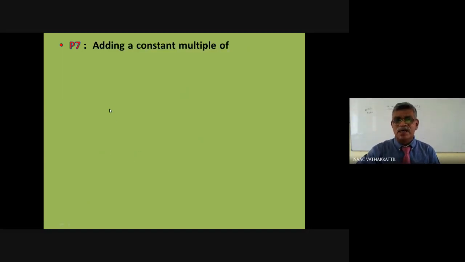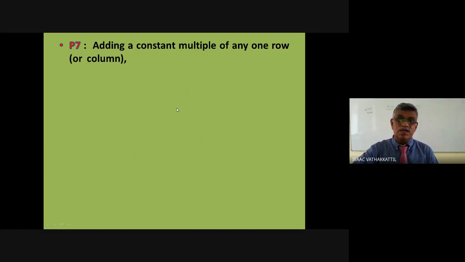We'll go for the last property, the most important and widely applied property. Remember, understand the property very clearly. Adding a constant multiple of any one row, or of course column. What are we doing? Actually, it is something like what we have done in the elementary operation.